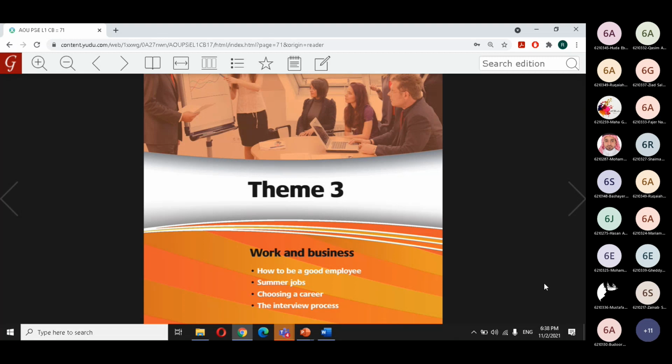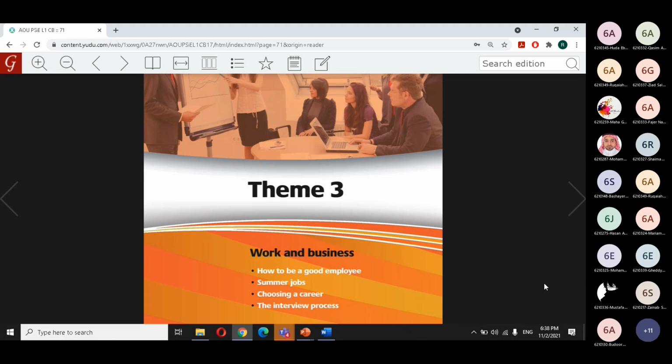Okay, if you are a student at the university, if you do not have a job, you want to find a job for yourself, how to choose it, how to think about the suitable job for you, for your skills and your abilities. Okay, and the writing in theme 3 will be about the interview process. We will describe what happens in the interview process.